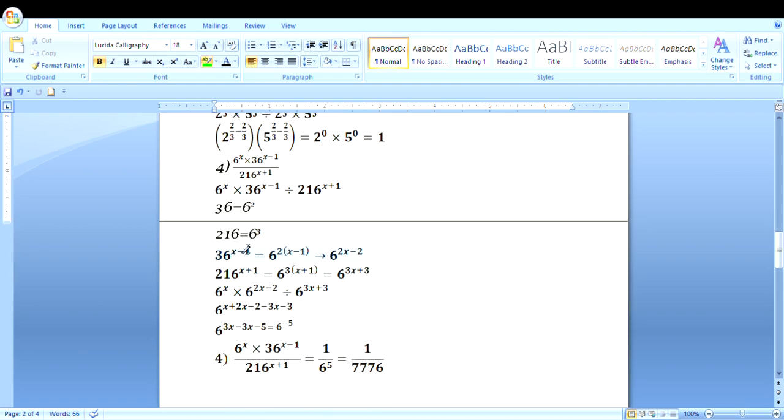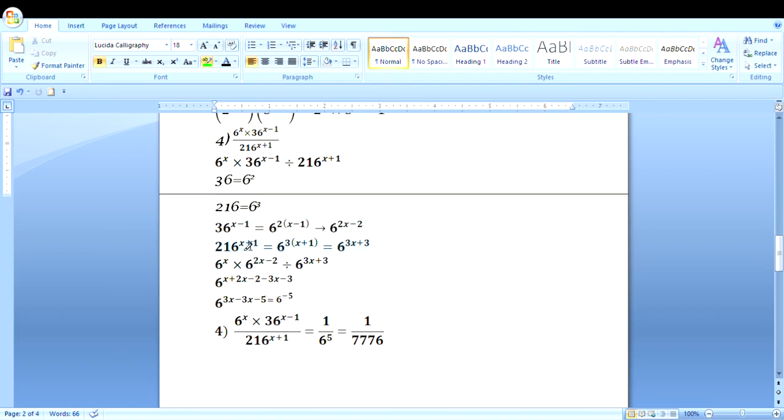So here we will substitute it in the equation, and this becomes 6 raised to power 2 open bracket x minus 1 close bracket. Here the power 2 will affect the power x minus 1, and this becomes 6 raised to power 2x minus 2. 2 times x is 2x. 2 times minus 1 is minus 2. So 216 raised to power x plus 1 is the same thing as 6 raised to power 3 open bracket x plus 1 close bracket, which is 6 raised to power 3x plus 3.